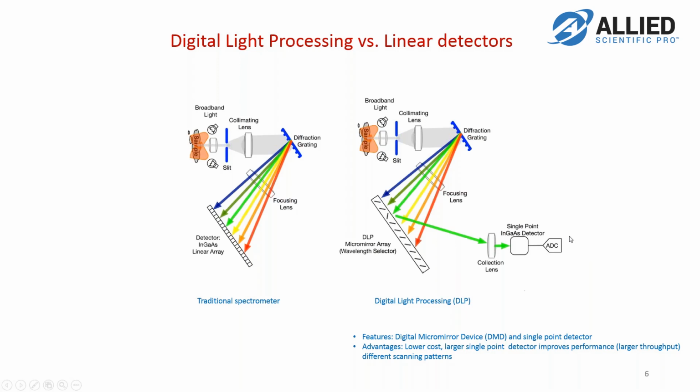This is much less expensive than a linear array. One after the other, they turn, and then they turn back. Another mirror would turn towards the detector, and the spectrum is constructed one piece at a time. This way you can accomplish the same function without using a detector array.